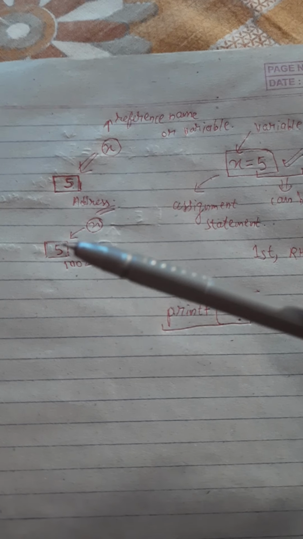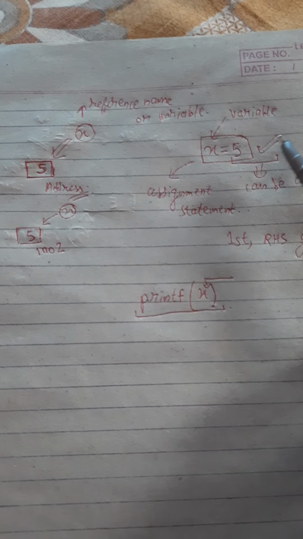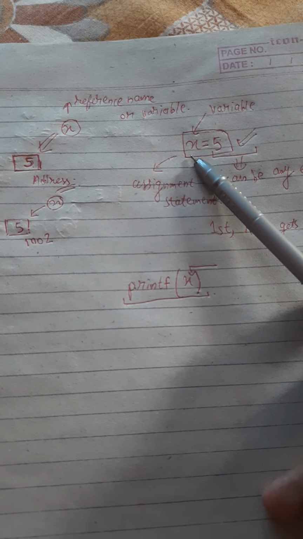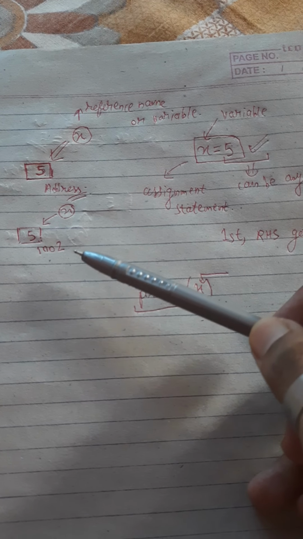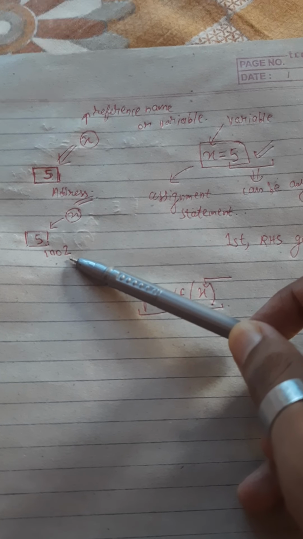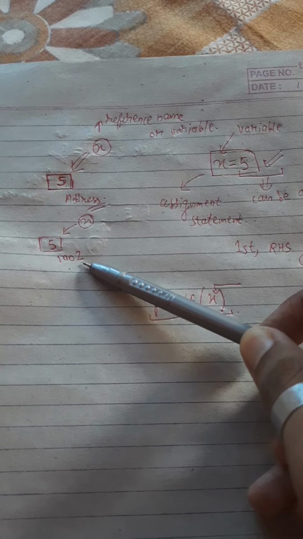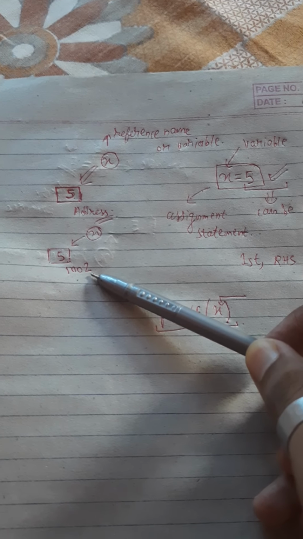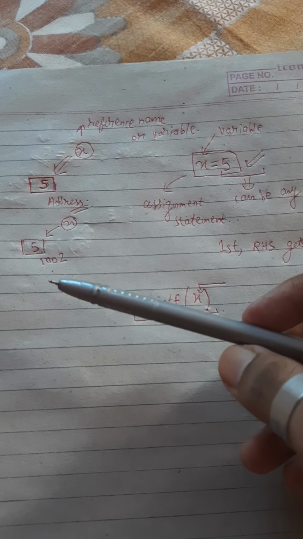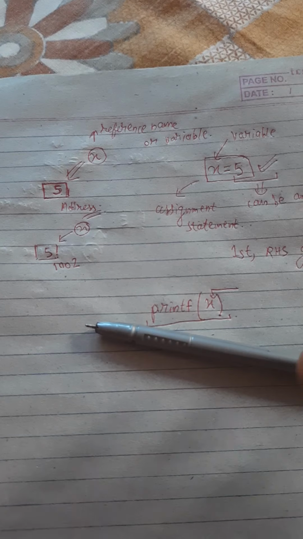Now here we are storing the value 5 in a variable known as x, right? If we want to store this address, 1002, in some variable so that I can use it in future, we need another kind of box.